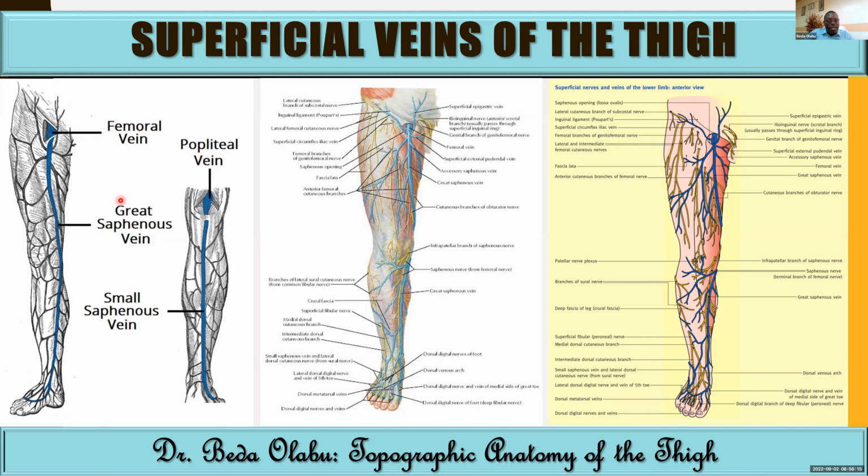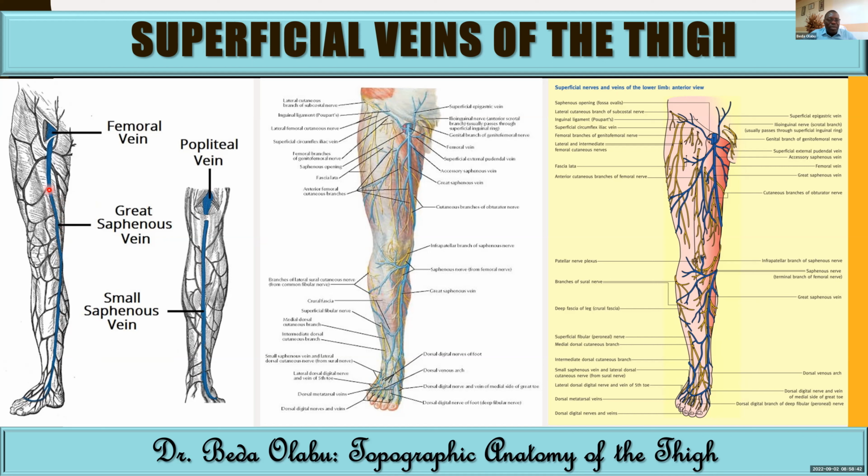But the other one is what we call the great saphenous vein. I'll want to talk about the great saphenous vein in great detail when we look at the anatomy of the leg. But in a nutshell, the great saphenous vein is a large vein that begins from the foot and runs on the medial aspect of the lower limb. So it will run on the medial aspect of the foot, leg, knee, and the thigh as well.